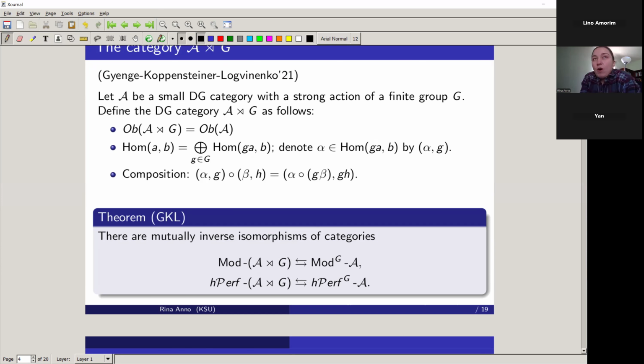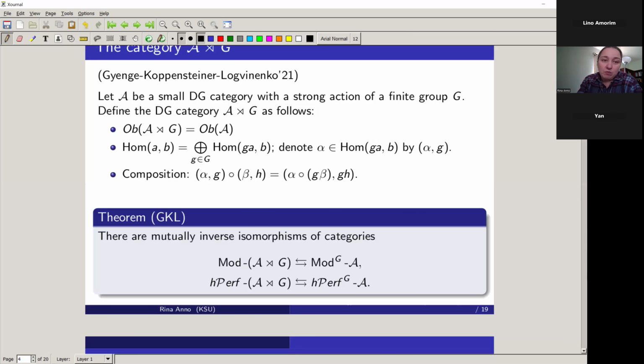One caveat is that there needs to be a strong action of a finite group G. A strong action of a group on a category does not easily happen in a geometric context, but the action of Sn on a tensor product of n copies of the same category is strong. So it works.